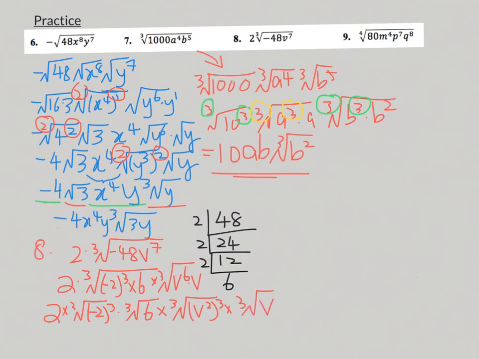So from here, I end up with 2 times negative 2 times the cube root of 6 times b squared times the cube root of b. And the answer in this case will be negative 4 b squared times the cube root of 6b.